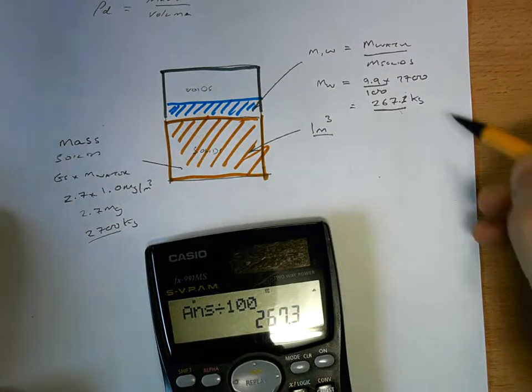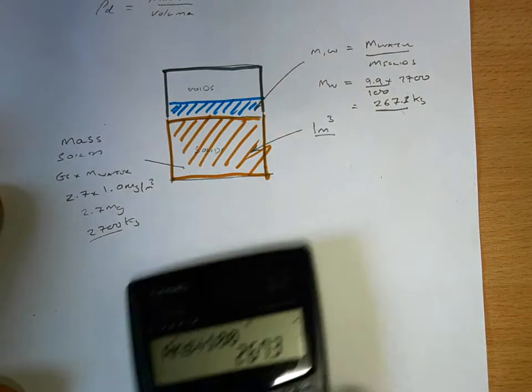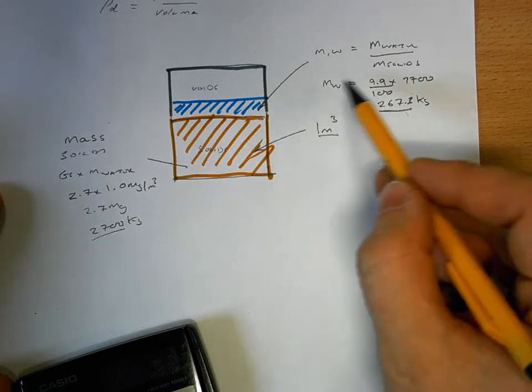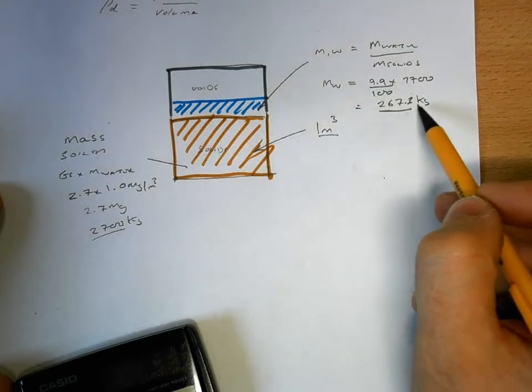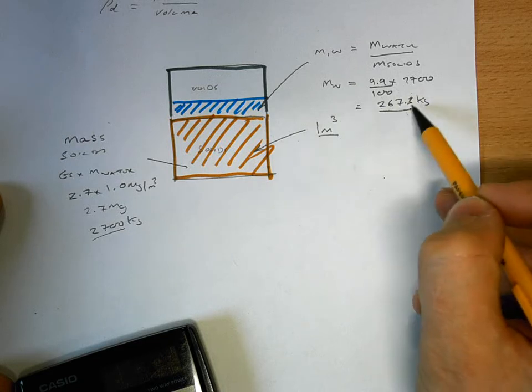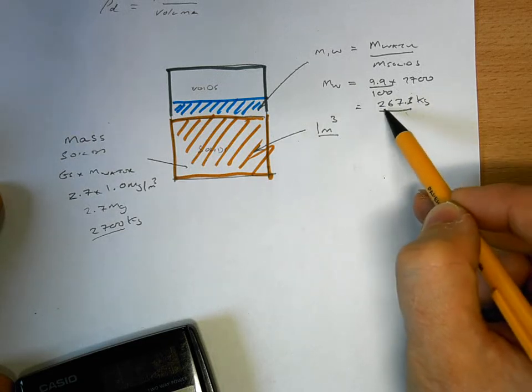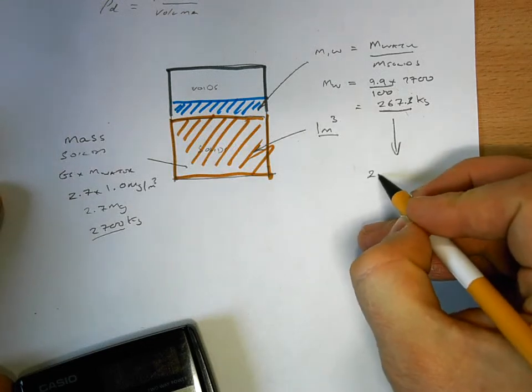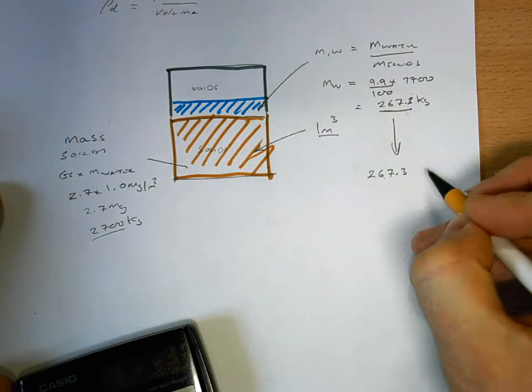Okay, we're dealing with real numbers here, so it makes it a lot easier. So that's the amount of water we've got. In terms of the volume it occupies, well, we know what the density of water is. This would also have a volume of, let's go to the next stage, I suppose. That would have a volume of 267.3.